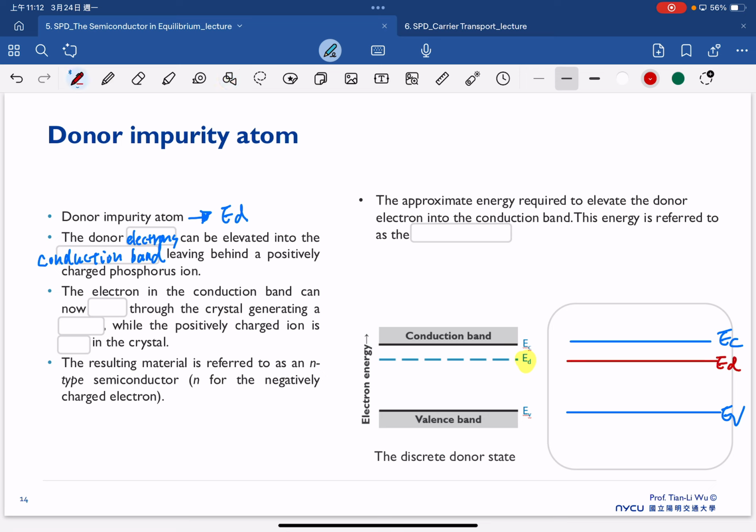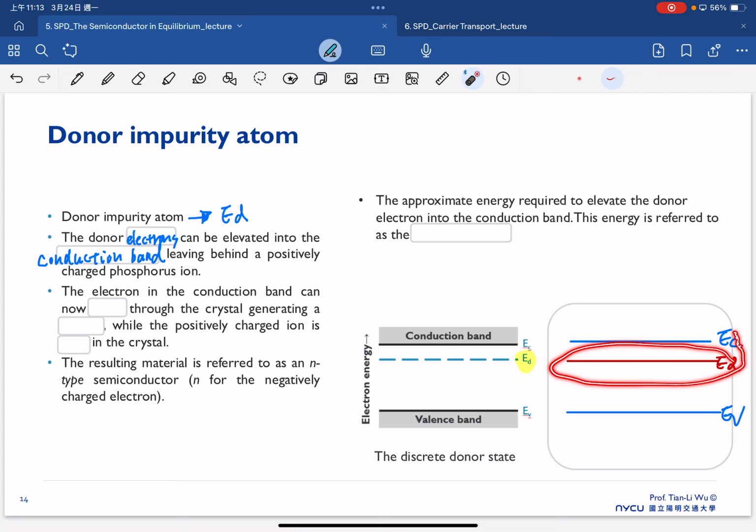And we all know that in this case, the donor energy, we consider the group V. So that means the group V is one that carries a lot of additional electrons, and this group V atom can contribute lots of free electrons.